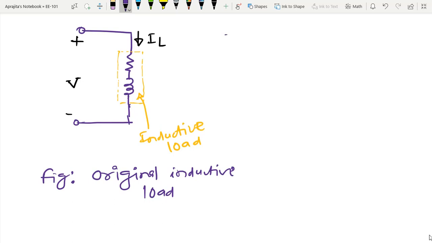Now what is the meaning of correction? In the same circuit, I am going to redraw this part. So again I have the inductive load, and in parallel I am going to add some kind of capacitor.